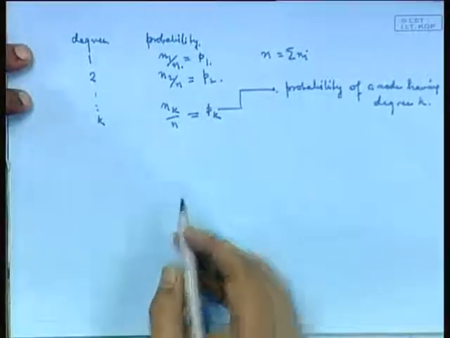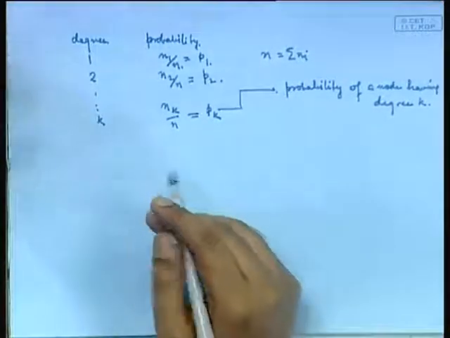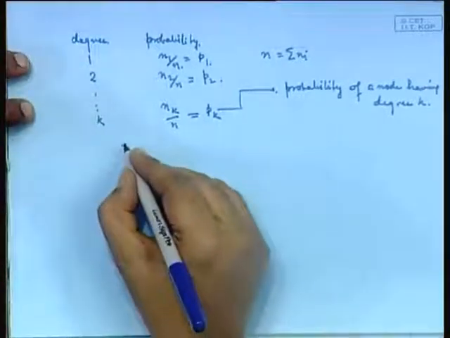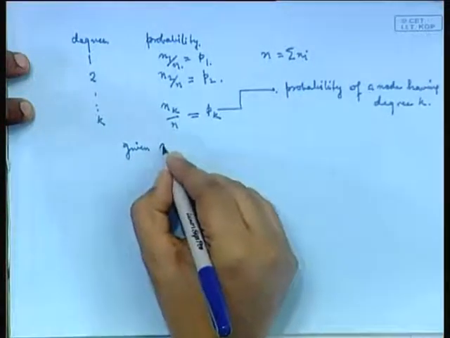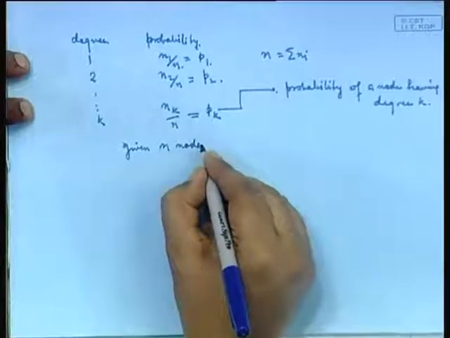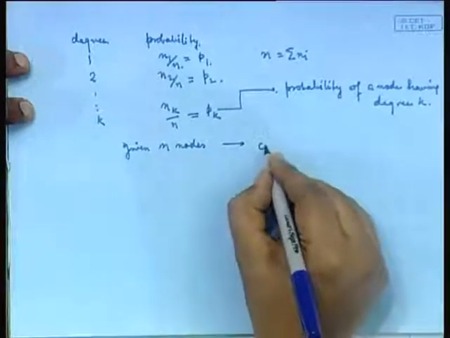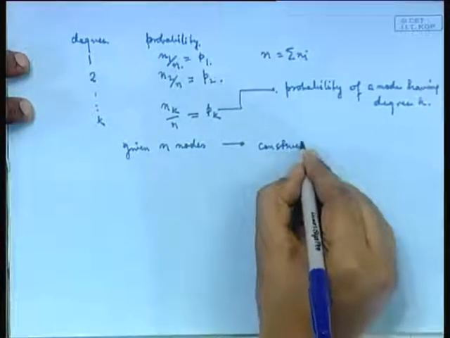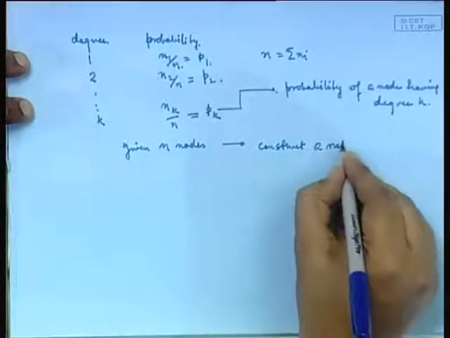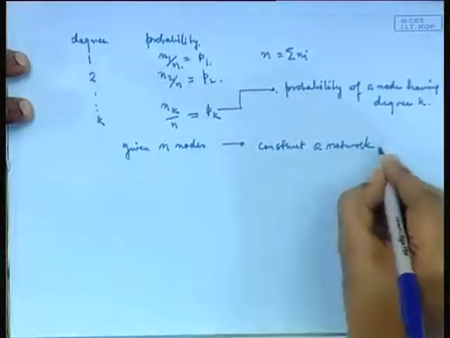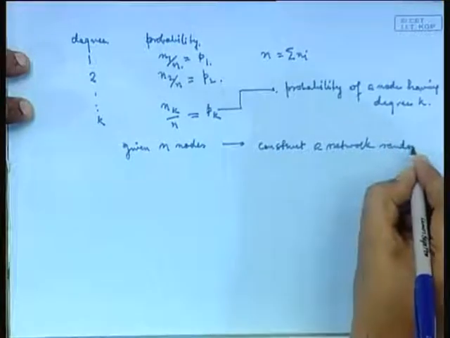If I am given n nodes and I am told to construct a network randomly, what will you do?